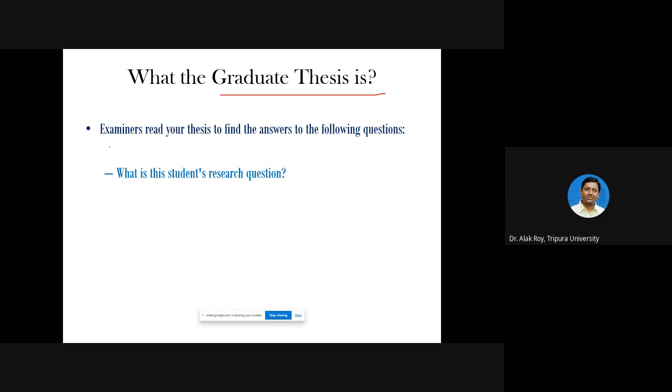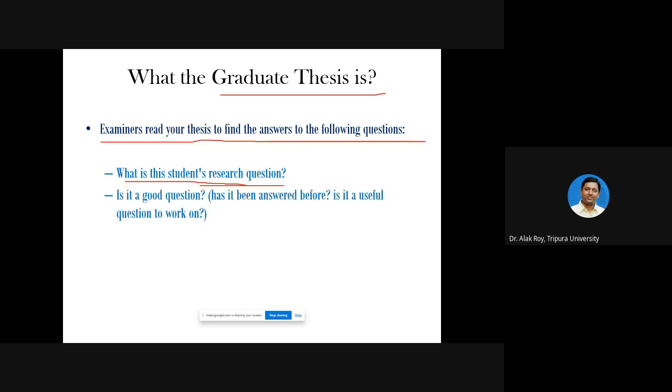It is like an examiner reads your thesis to find the answers to the following questions, okay. Whenever you submit a thesis to a department or to any examiner, he or she will try to find what is the question the student has written, okay. Then, is it a good question?